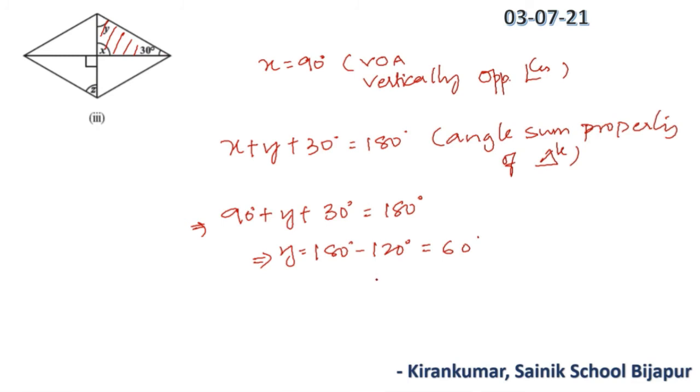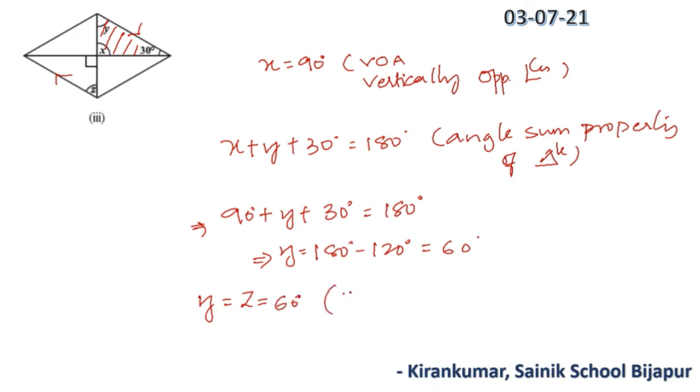Now I want you to observe carefully these two sides. They are the opposite sides. If opposite sides are parallel, the pair of alternate angles are equal. So y will be equal to z, and this will be equal to 60 degrees.